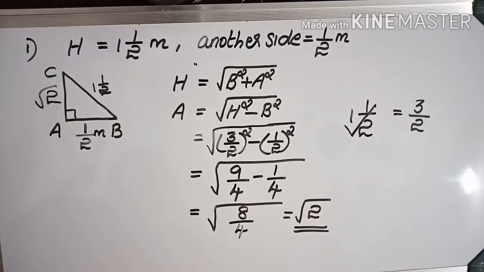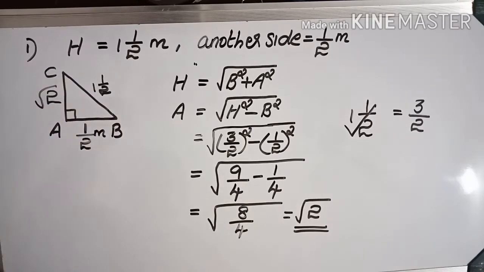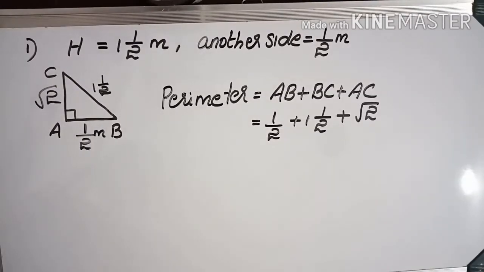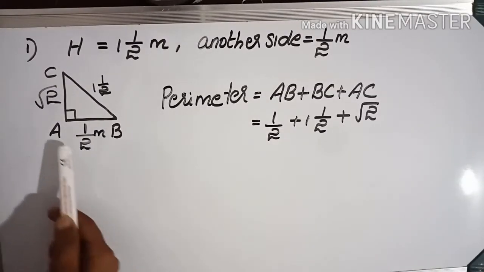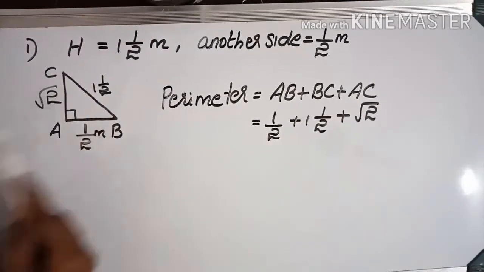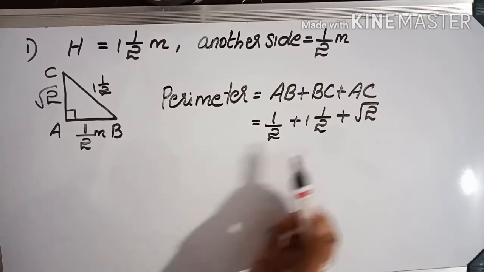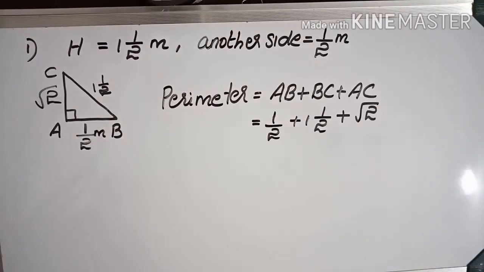Now we have all the three sides. Now let's find the perimeter. Perimeter means the sum of these three sides, that is AB plus BC plus AC. So here AB is half meter, BC is 1.5 meter, AC is root 2.